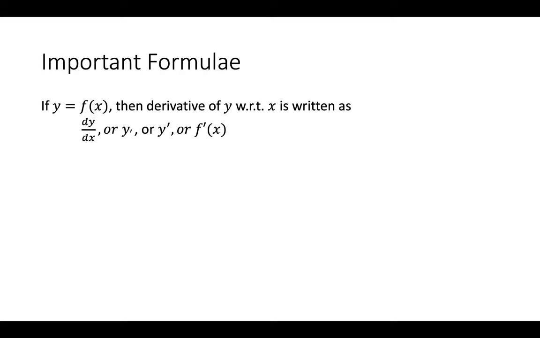I hope you understand this concept of differentiability, and if y equal to f of x, then the derivative of y with respect to x is written as dy by dx or y dash or y1 or f dash x.